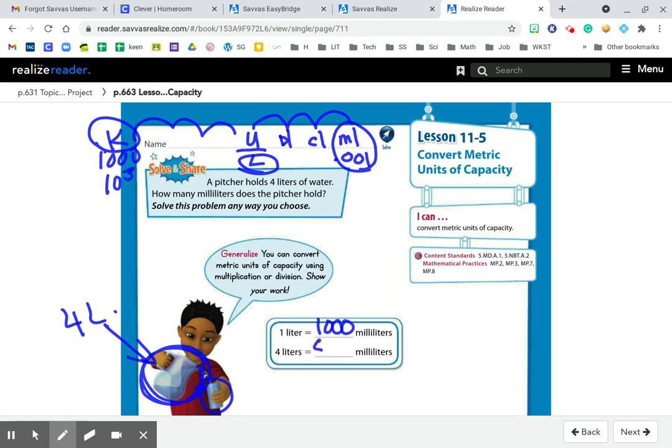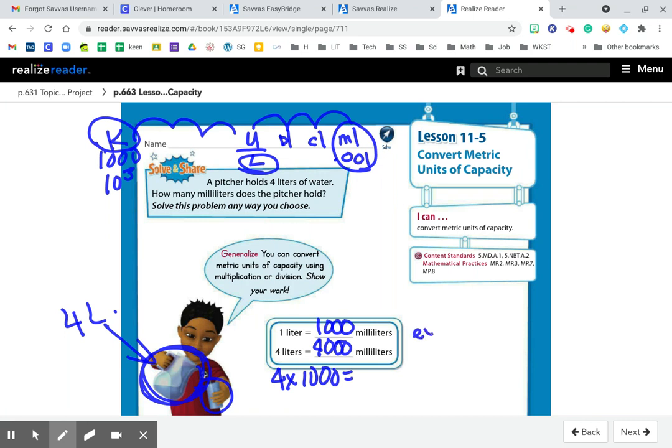And if we have 4 liters, we would say 4 times 1,000 equals 4,000 milliliters. And a kiloliter is 1,000 liters. A milliliter is 1,000th of a liter.